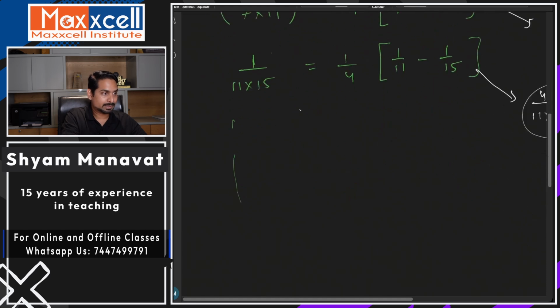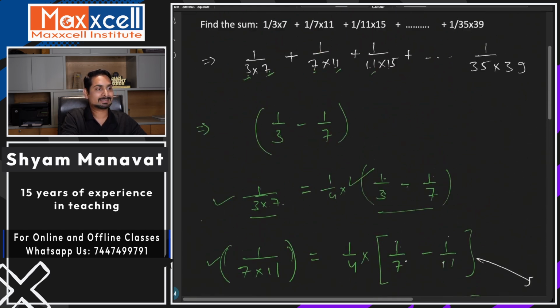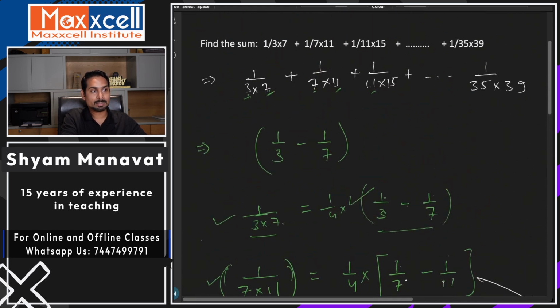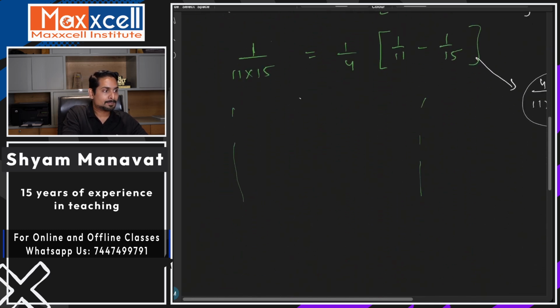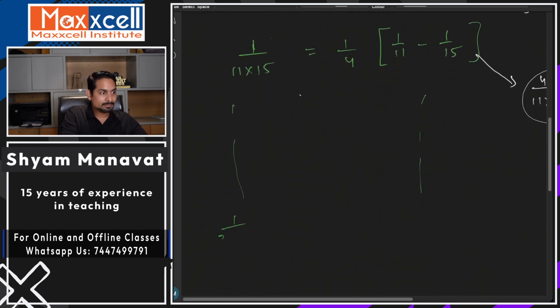And so on, and the last term as per the question is 1 upon 35 into 39. So don't get scared of the word partial fraction. It is simple. You have 1 upon 35 into 39. You do 1 upon 35 minus 1 upon 39.